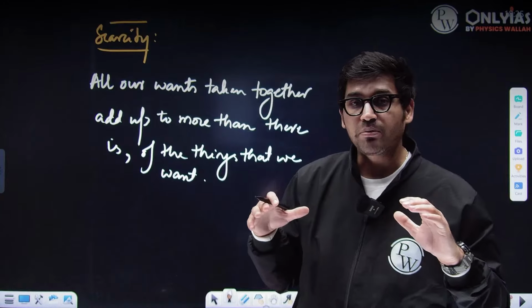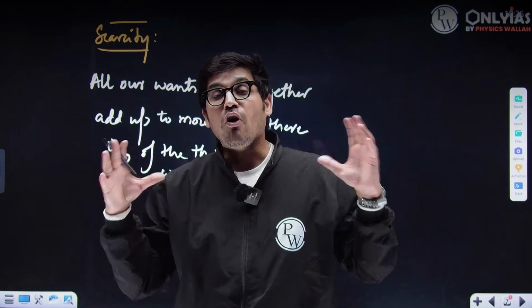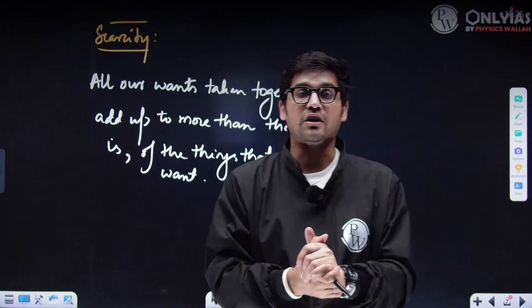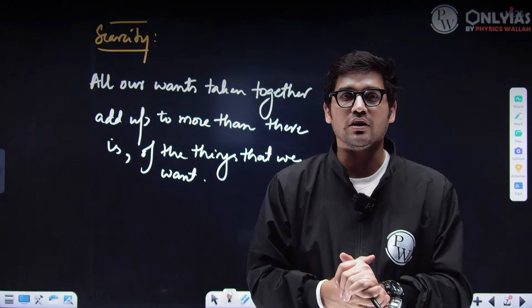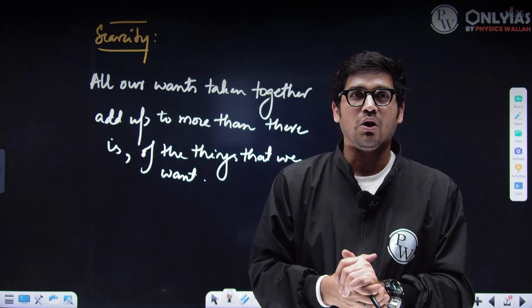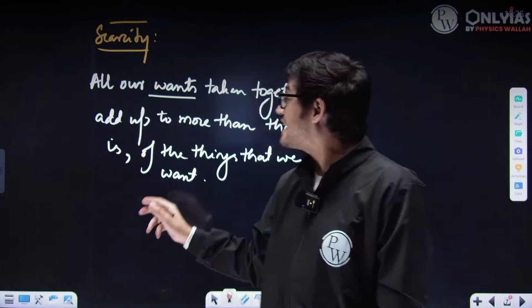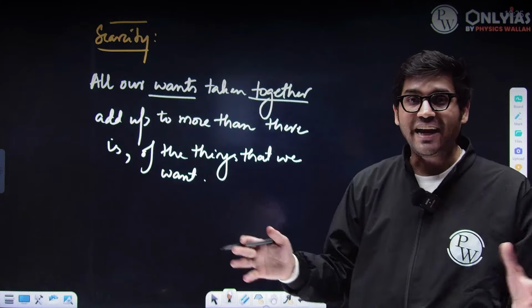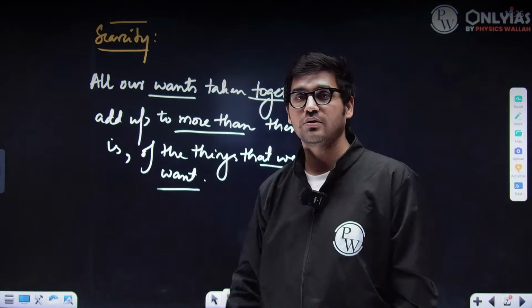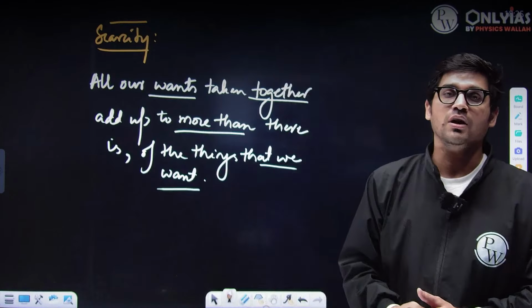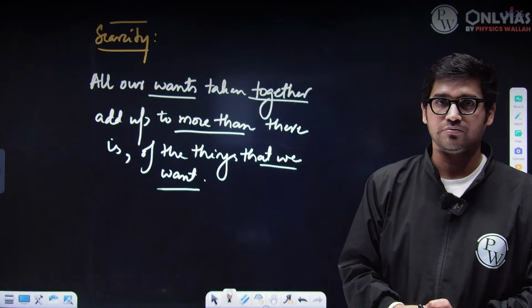But if I add up the want of every person in terms of beach houses, there are not enough beach houses in the entire world. All our wants taken together will add up to more than there is of the things that we want. This scenario is what is called scarcity.